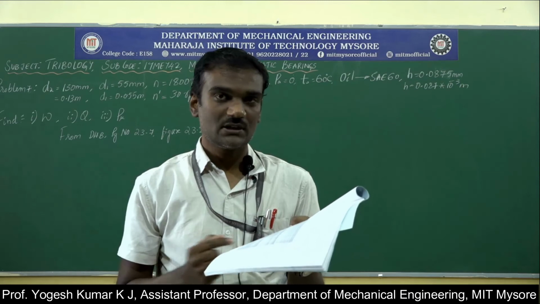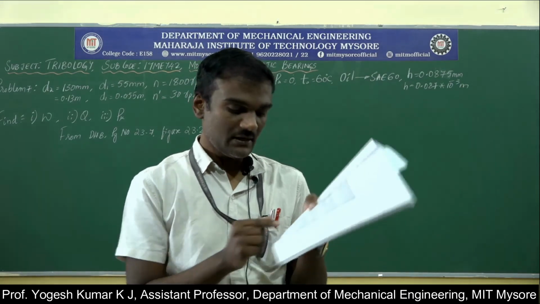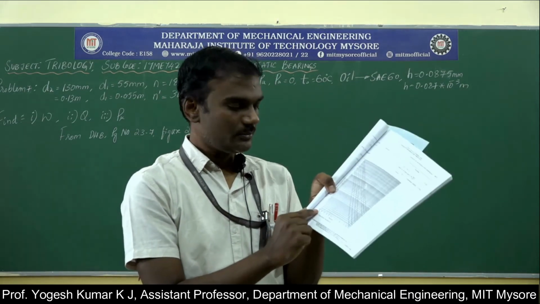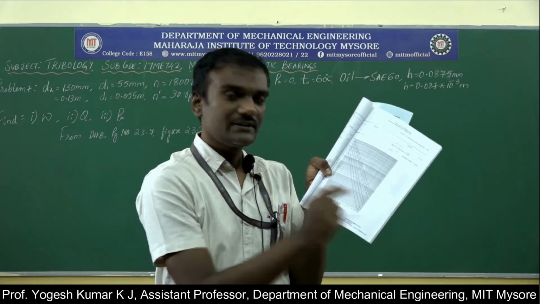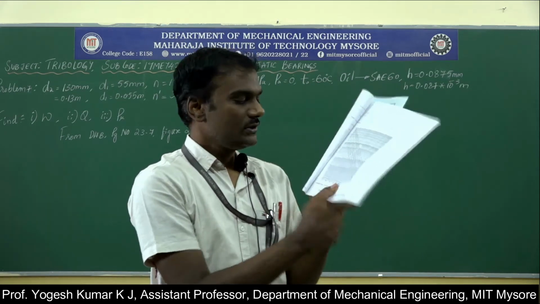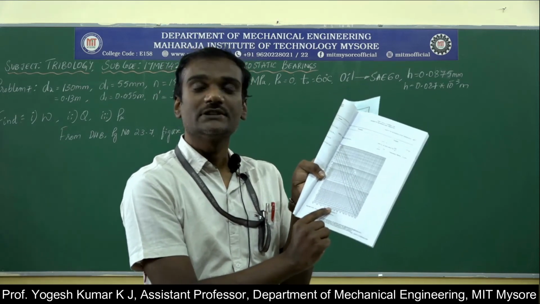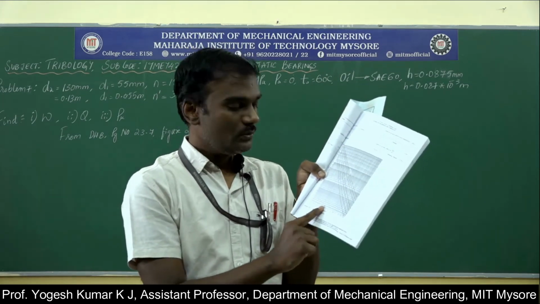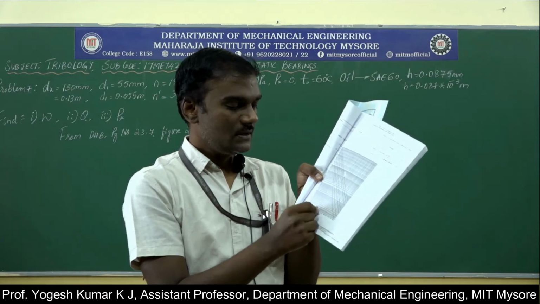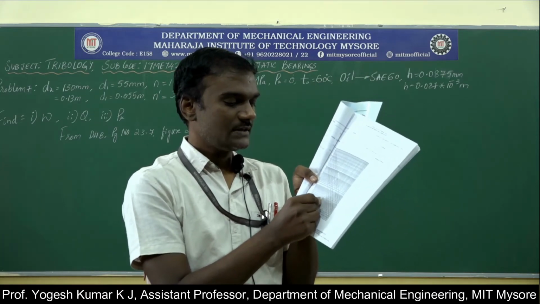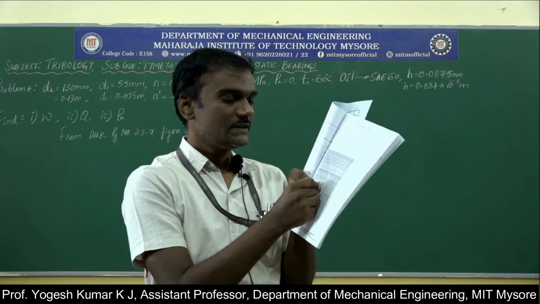Now the temperature given to us is 60 degree centigrade. So please check out 60 degrees along the x-axis. Yes, here I have 60 degree. Then move upwards till that 60 degree line coincides with that of SAE 60 oil.